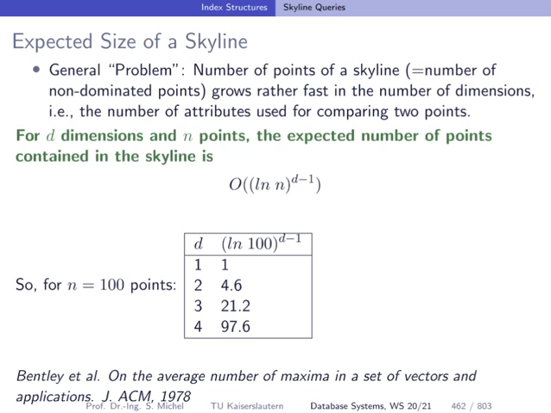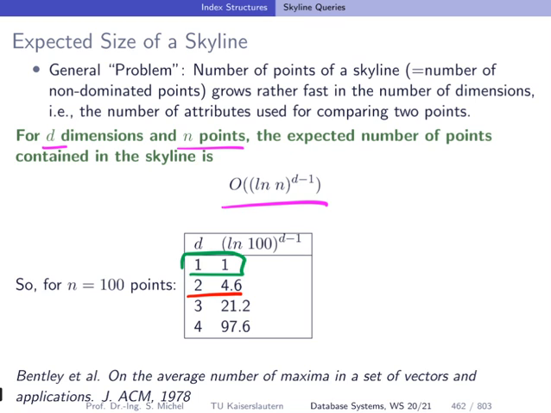So what does it mean in theory? Well, if you have n data points and d dimensions, then the expected number of points contained in the skyline grows like this: the logarithm of n to the power d minus 1. So if you have only one dimension, it's clear that you have one object in the skyline because there's a clear way to compare or rank these.